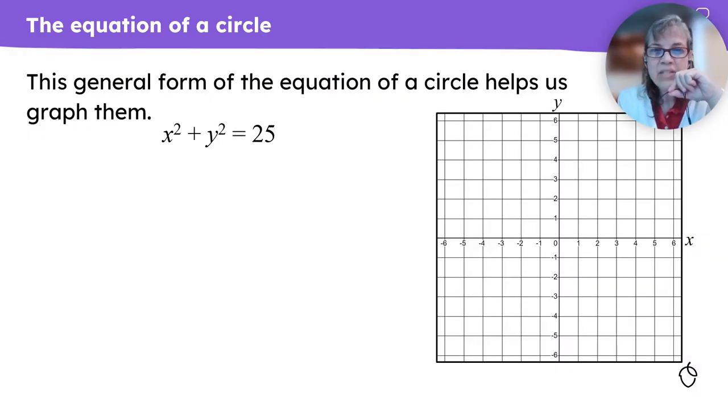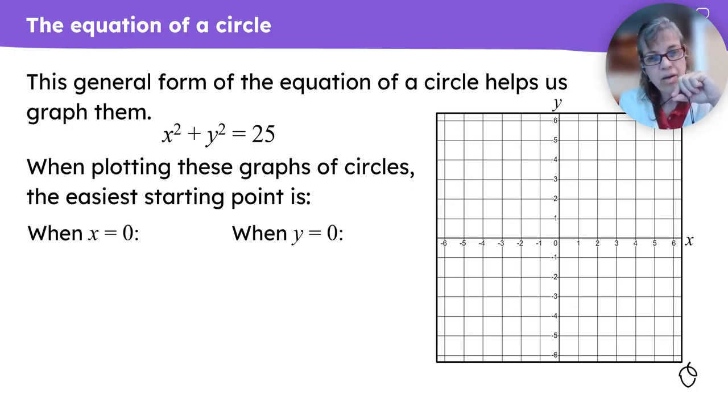So if we have this general form of a circle, this helps us to graph any circle that is centered at the origin. If I had something like x squared plus y squared equals 25, the easiest place to start is just to think, okay, so what if x was 0? Or what if y was 0?